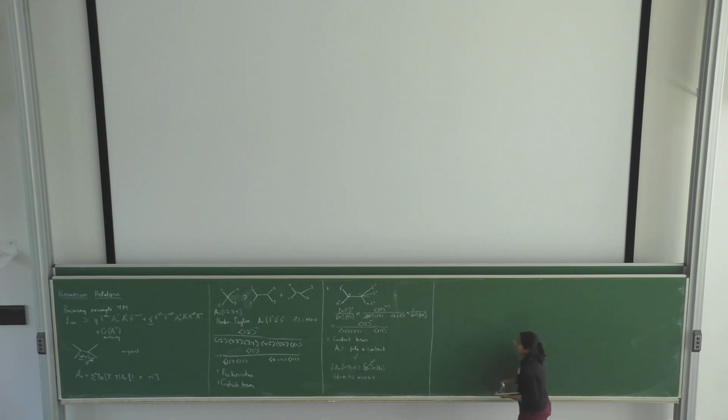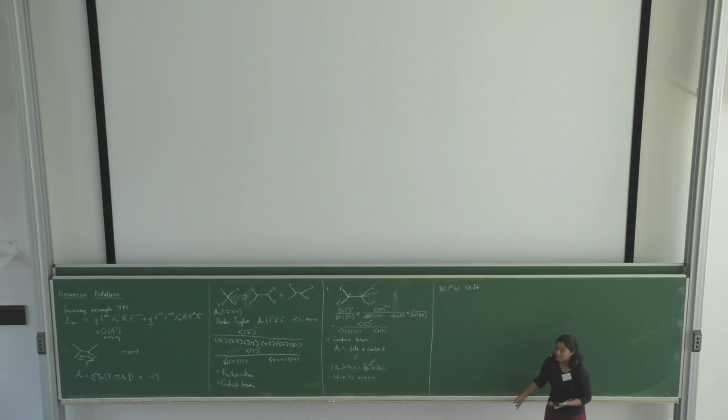Good. So how do I implement this in an automatic fashion, and how do I go beyond this very simple helicity sector? For that, we're going to look at BCFW shifts, named after Britto, Cachazo, Feng, and Witten.